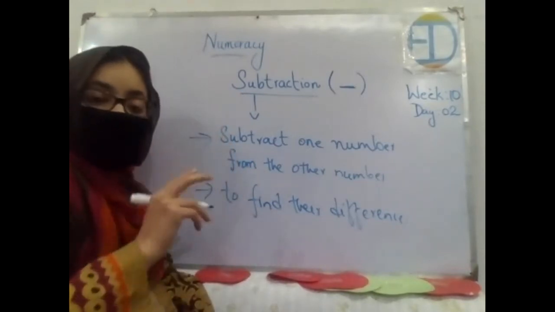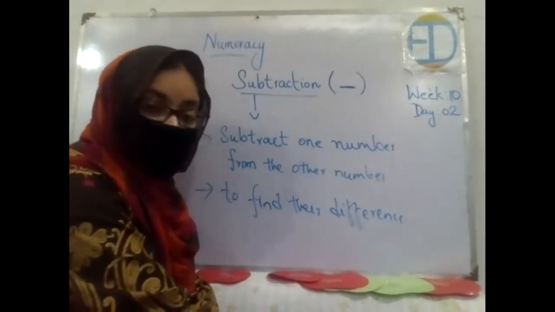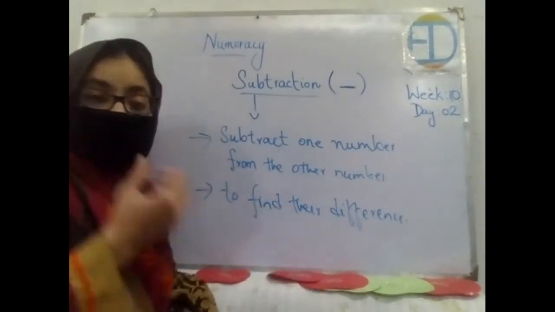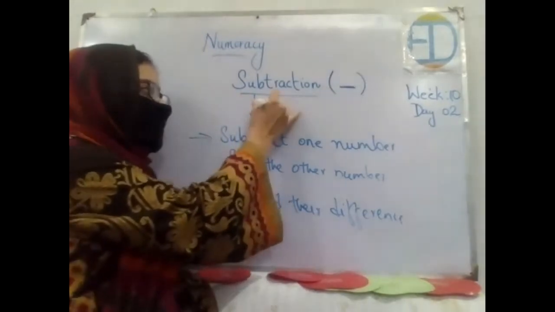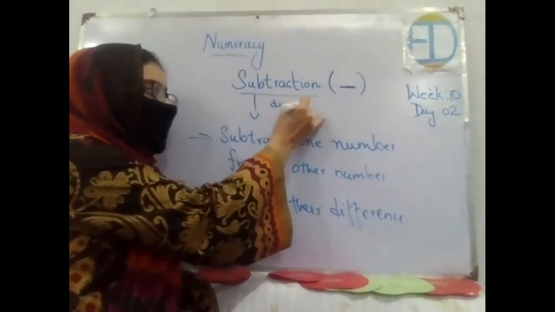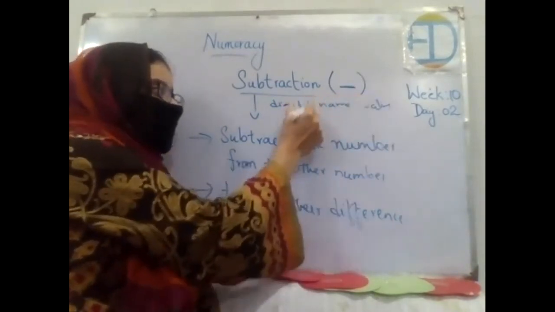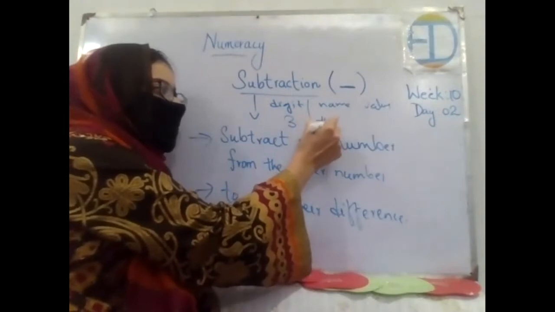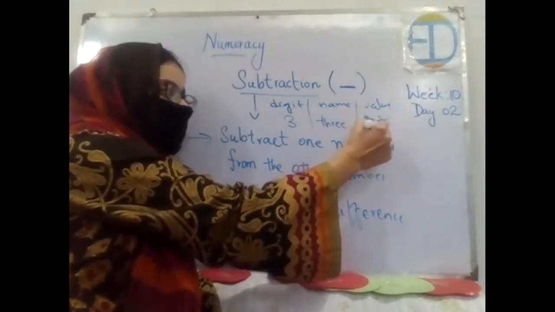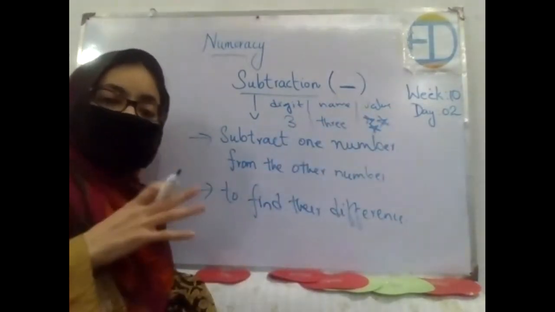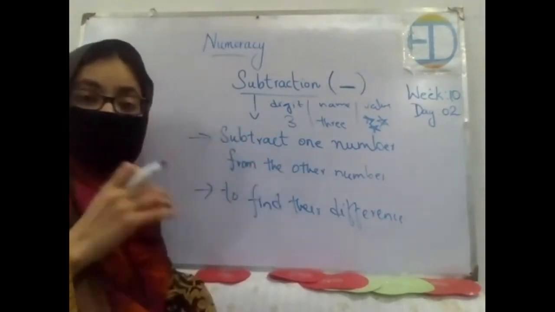Remember when we were discussing how to write numbers in word form, I told you that there are three things associated with a number. The first is the digit, then that digit has a name, and then it has a value attached to it. Let's say there is a digit 3, its name is three, and its value is this many items. Every number has a value, and that value makes that number bigger or smaller than the other number.